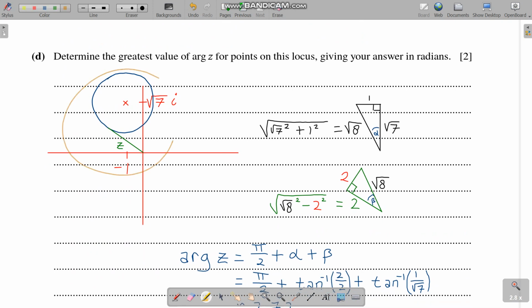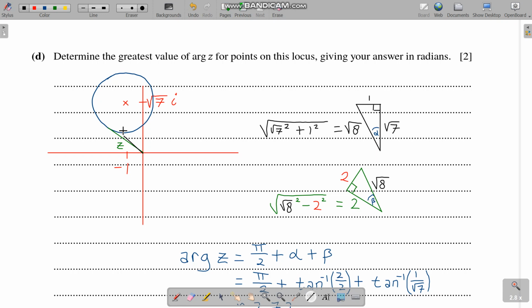So this is from the previous part. Now the arg z would be a line from the origin to the circumference. The line can be from the origin to any point on the circumference.